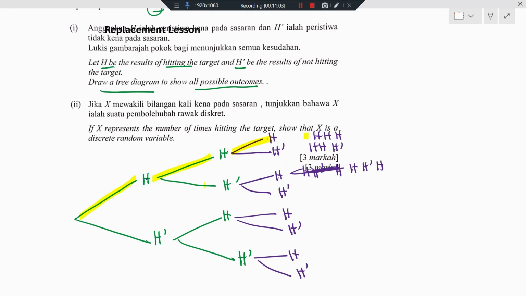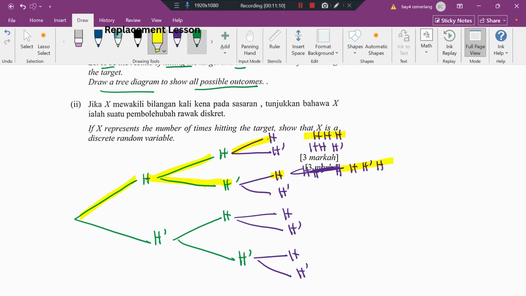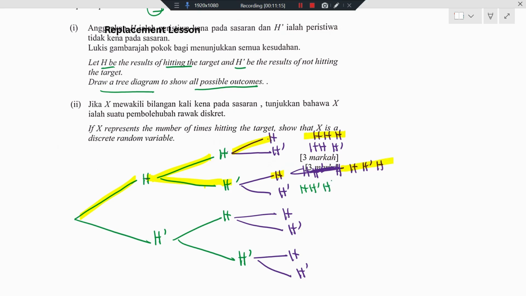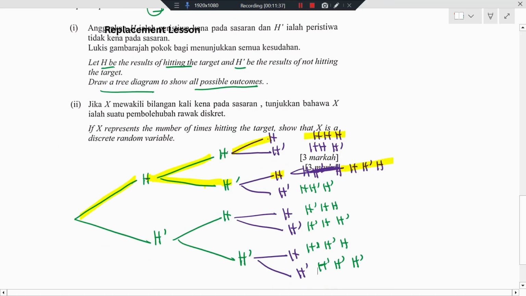H, H, H. H, H prime, H. You need to see it that way. H, H prime, H prime. And then H prime, H, H. H prime, H, H prime. H prime, H prime, H. H prime, H prime, H prime.